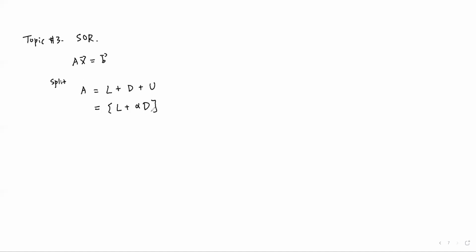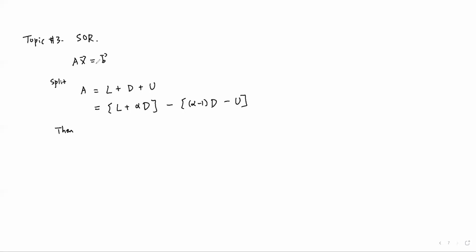Alpha is a number; what the number is will be determined. L plus alpha D, then minus (alpha minus 1) D minus U. It is easy to see this equation.